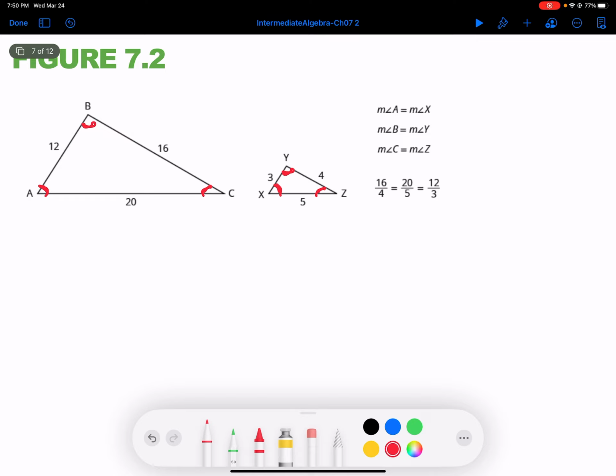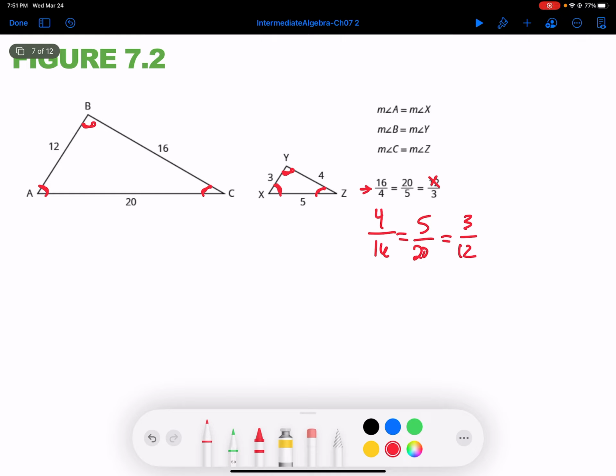Now, the ratios here, it doesn't matter if you have them this way or the other way. It doesn't really matter, because usually what's happening is, let's say you've got an X here, and now you need to solve for that X. It doesn't matter if that X is in the numerator or the denominator, just so long as you stay consistent.